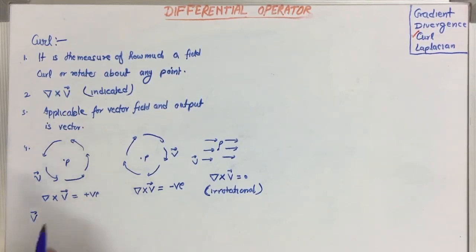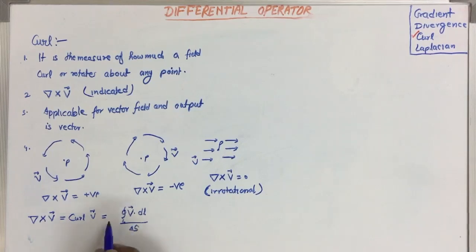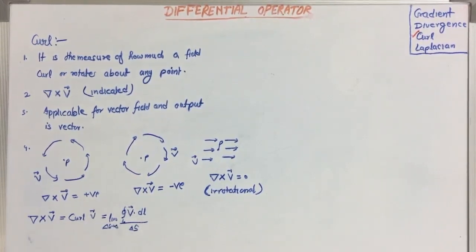So in that case we can say the curl of field V, or simply curl of V, both can be written, is equal to the circulation of field V per unit area as area tends to 0. This is the definition of curl.